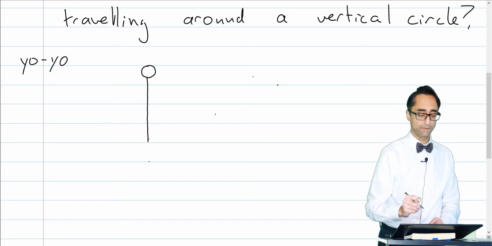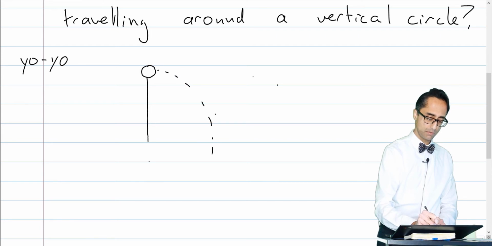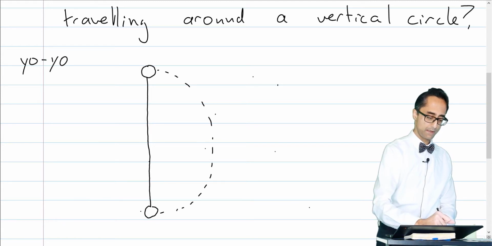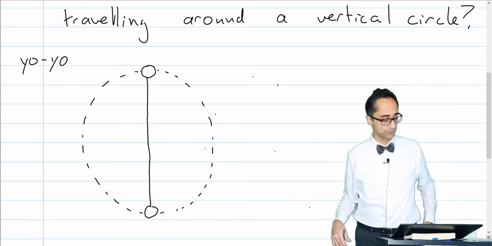So there it is at its very top of its motion, and it's going to undergo a perfect circle. And end up right there, and then continue on up. Should be a perfect circle.